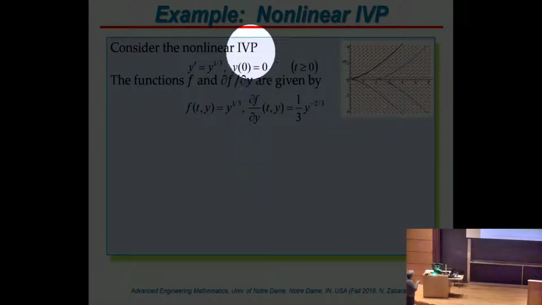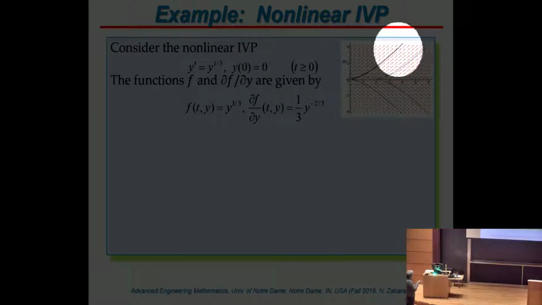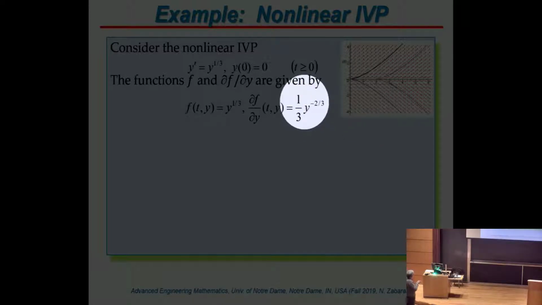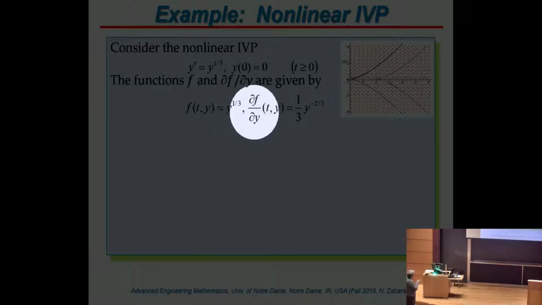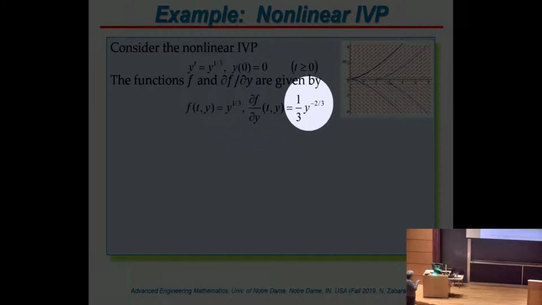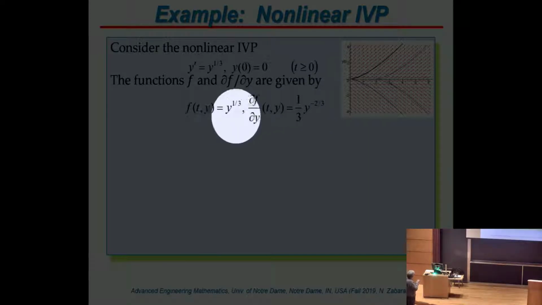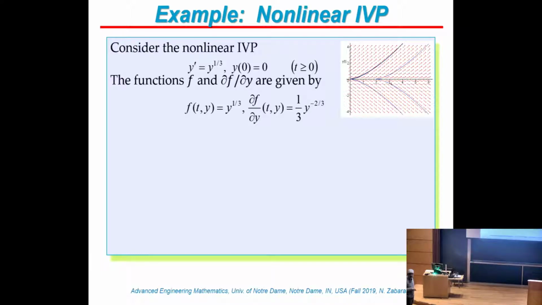You notice the initial condition here is y at 0 equal to 0, all right? And obviously for the theorem to work, these things need to be continuous in an interval around y of 0 equal to 0. So if you put y equal to 0, what happens to these things? What happens to that? Blows up, right?